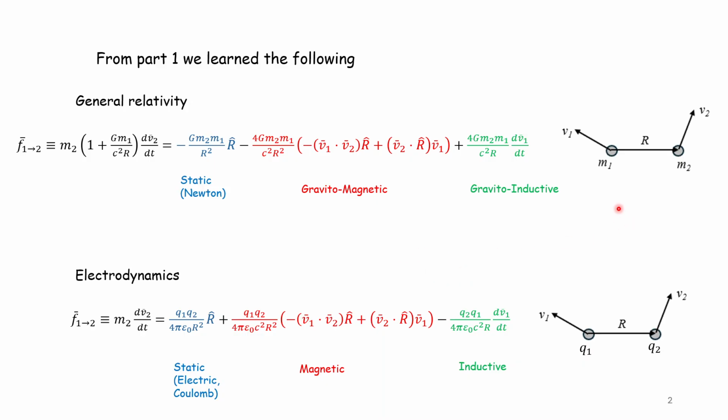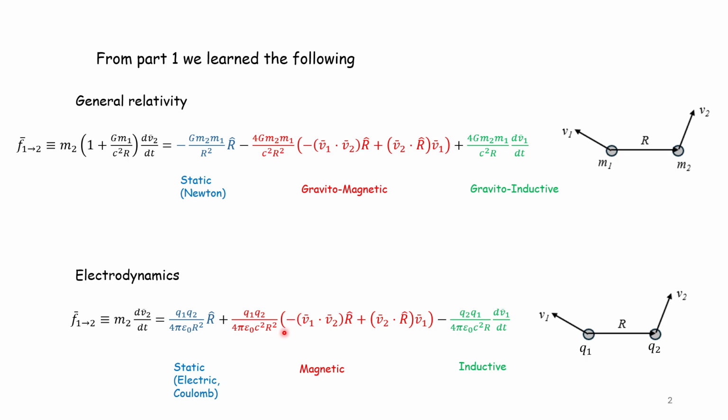In this parallel motion, velocity is perpendicular to the distance vector, and that means this magnetic term vanishes. The magnetic effect is controlled by this term. The velocities are in the same direction, and we also put equal magnitude, so we get the v squared from here. So the force is a static force, and then minus v squared over c squared times this factor here.